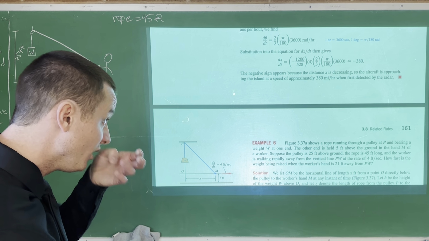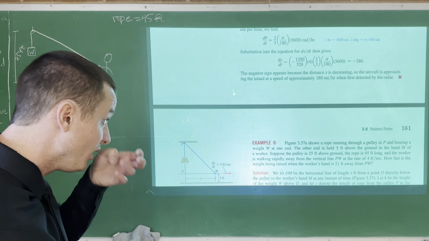Let's think. I'm looking for how fast this is going up. You have how fast he moves and the length of the rope. Let's think about r. We can think about making a right triangle here. The height of this right triangle is always what? It's 20.